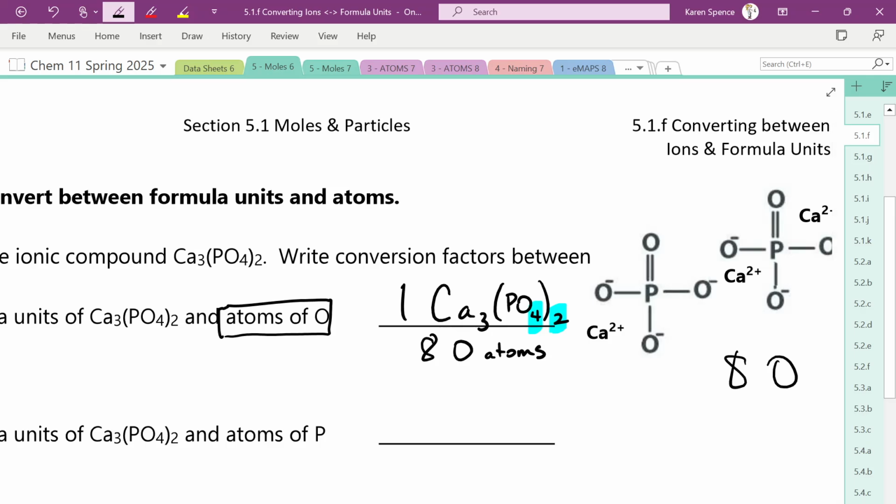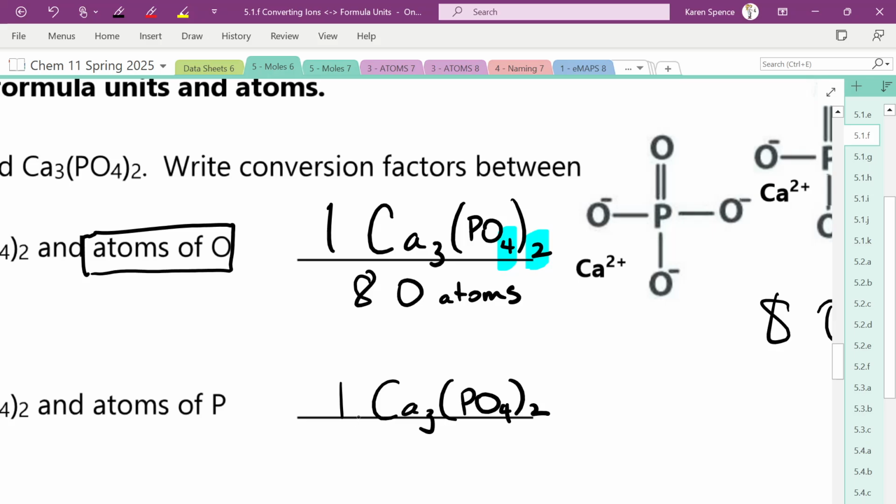Have you made it clear enough? Atoms of P, if we have 1 calcium phosphate. How many P's do we have? 2, because that 2 applies to that P, so that's 2 P atoms.